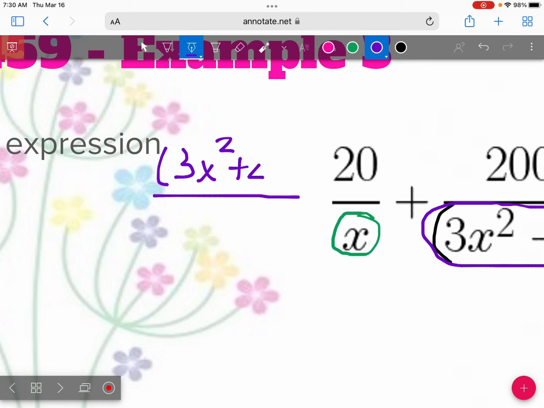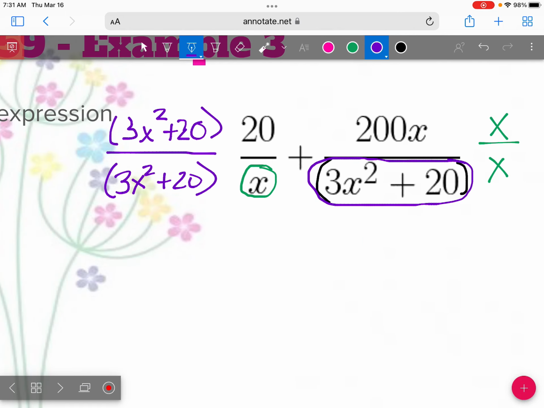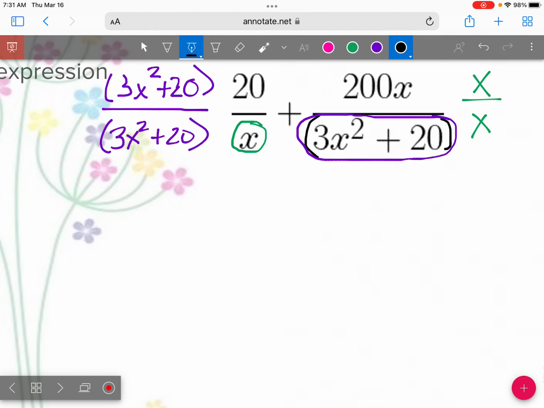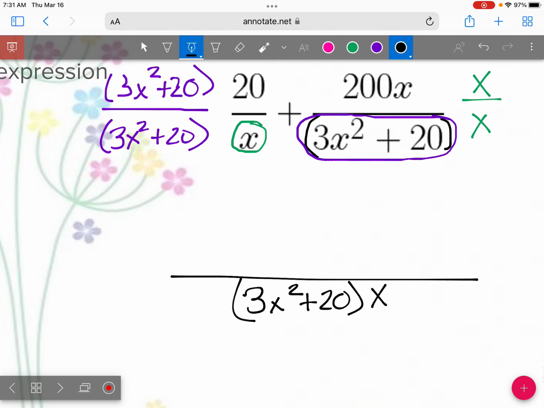Why did my 2 go weird? Over 3x squared plus 20. Using the whole denominator that's there is 100% a valid strategy. We're going to wind up with our common denominator of 3x squared plus 20 times x.